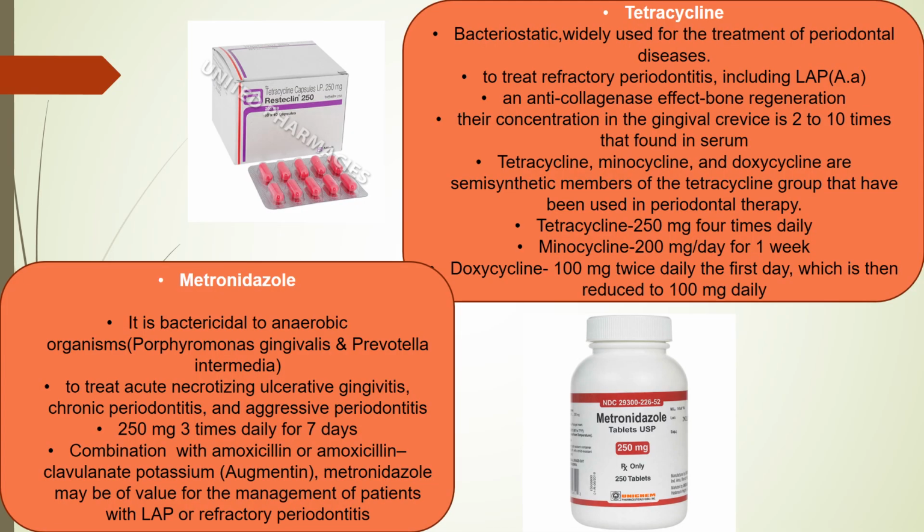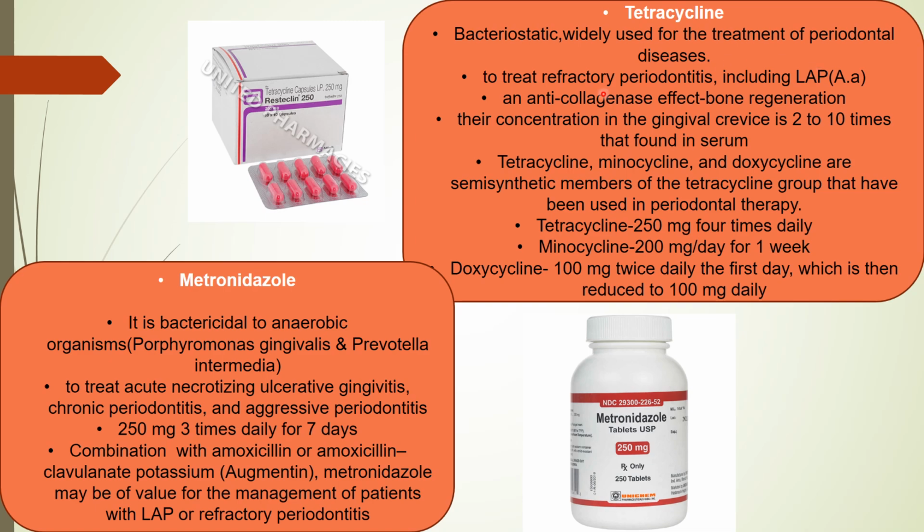So, coming to each antibiotic group, tetracyclines have been widely used for the treatment of periodontal diseases, and they are a group of antibiotics that are produced naturally from certain species of Streptomyces or derived synthetically. Tetracycline is a bacteriostatic group that mainly acts against Aggregatibacter actinomycetemcomitans, and is mainly used for treating localized aggressive periodontitis and refractory periodontitis.